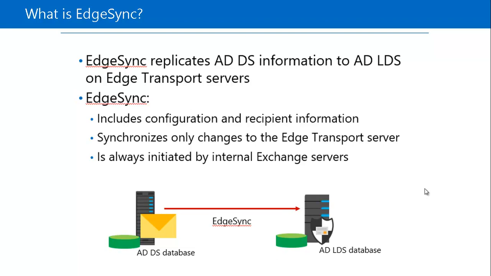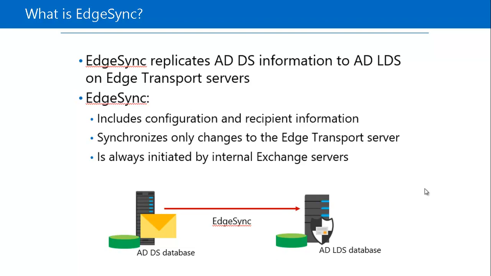The Edge Sync feature enables the shared information to replicate from Active Directory to ADLDS. You can deploy the Edge Transport Server role without using Edge Sync, but using Edge Sync can decrease the effort needed by the administrator to manage the Edge Transport Server.